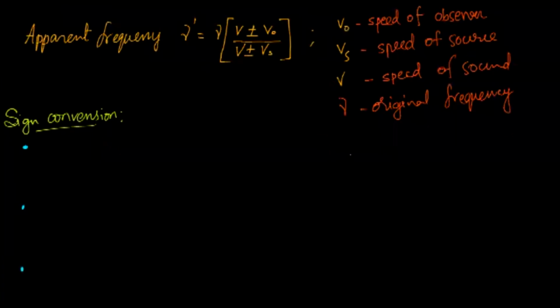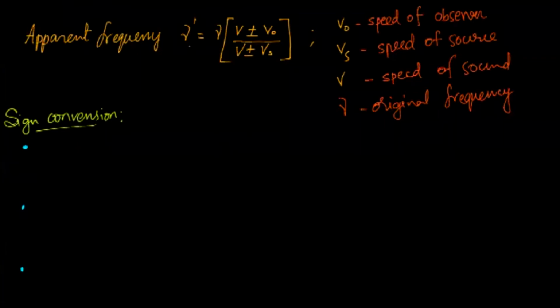The next one is how you can calculate apparent frequency based upon the movement of observer and source. Let us say nu prime is the apparent frequency and nu is the true frequency produced by the source, V naught is the velocity of observer, Vs is the speed of source, and V is the speed of sound in that given medium.